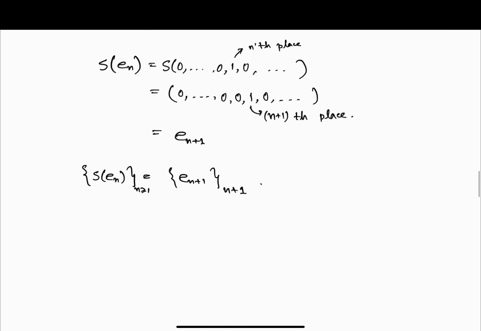We will show that E(n+1) for n greater than 1 does not have any convergent subsequence.